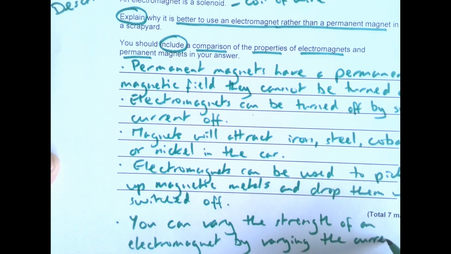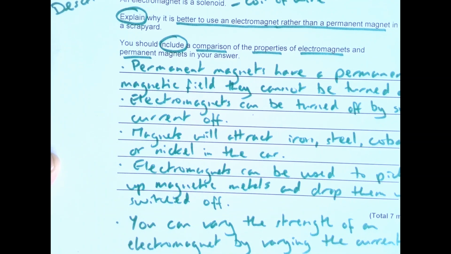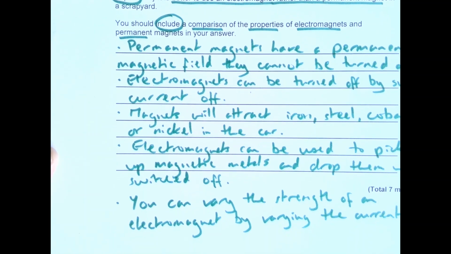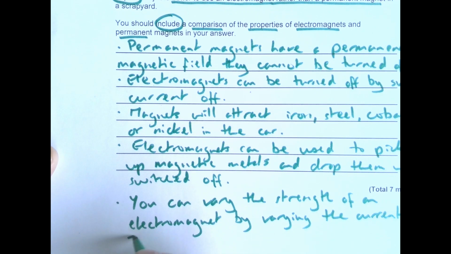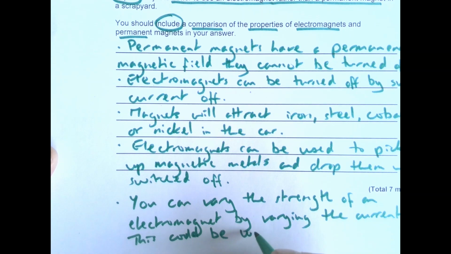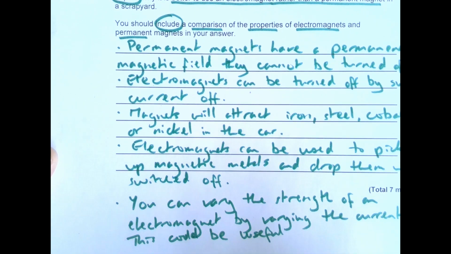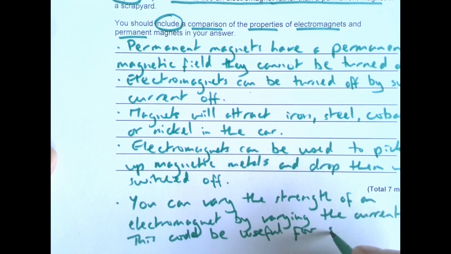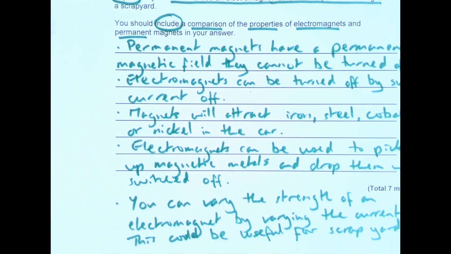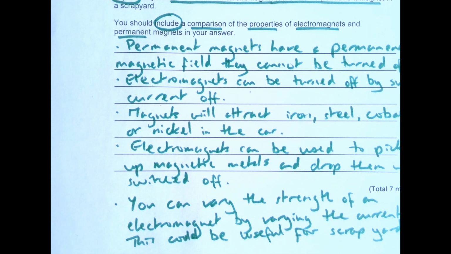So this could be useful for a scrapyard. If you're picking up something heavy, a big car, a little car, then you can do that. So there are lots of ways there to get those 4 marks. I hope that's useful.